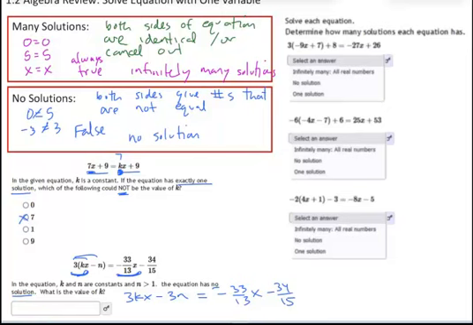And so in order for this to be no solution, the x's have to completely cancel, or again, be exactly the same thing. And so what we need to find is the number we can plug in for k, so that 3kx is equivalent to negative 33 over 13x.